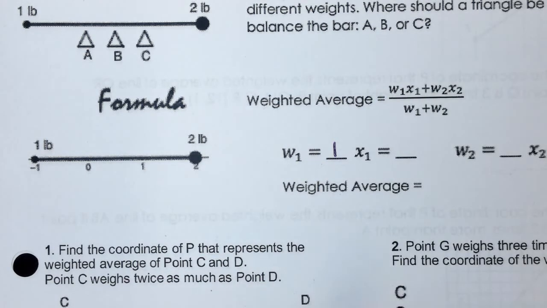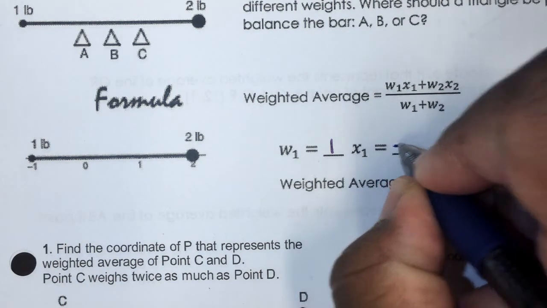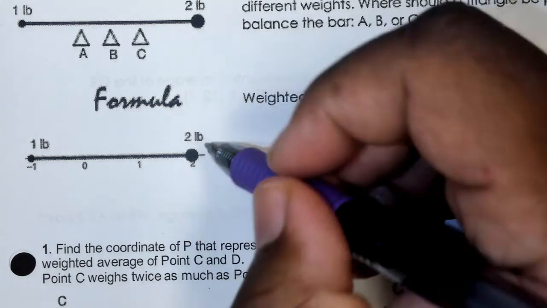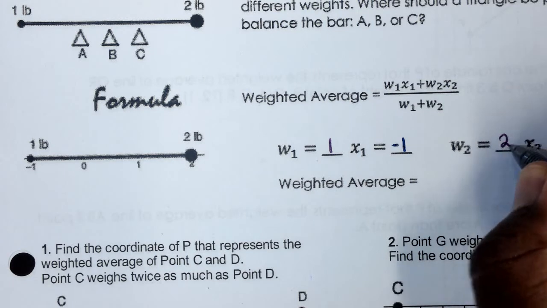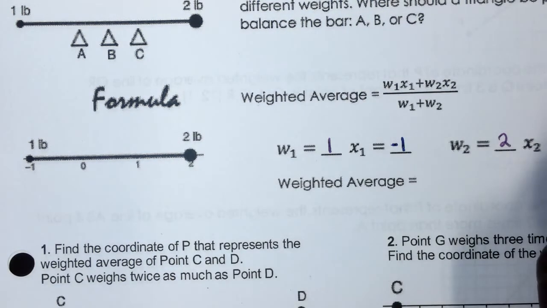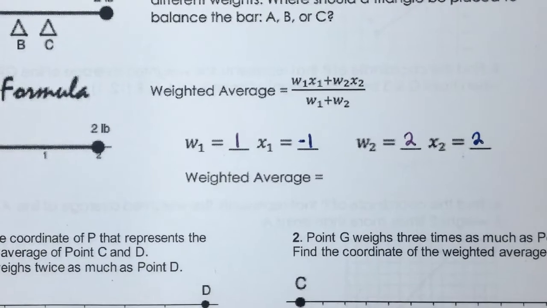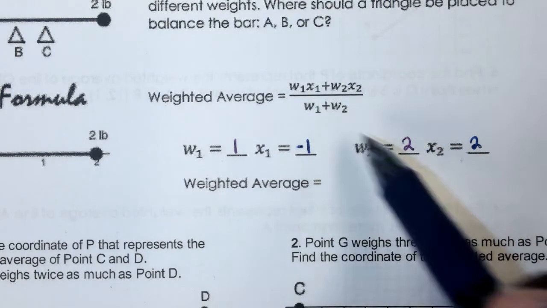Under that weight, the x1, the point of where it's at, is -1. My second weight is 2. The point under it is 2. So all I did was pull this off the figure and label them.